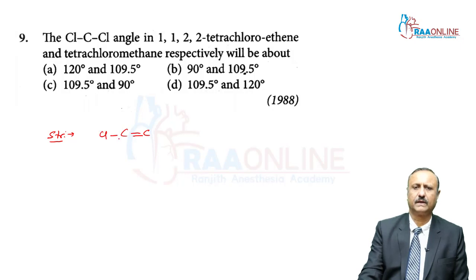Here 1 Cl, 2 Cl, 3 Cl and 4 Cl are present on 2 carbon atoms. Because 4 chlorine atoms are present, it is called 1,1,2,2-tetrachloroethene.